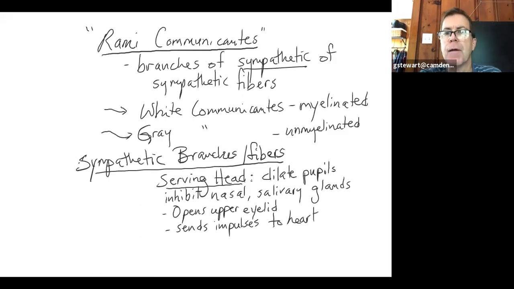So the main fibers coming off of the upper region of the sympathetic do all of these functions. Let's go on to the branches serving the thorax, mostly the chest.